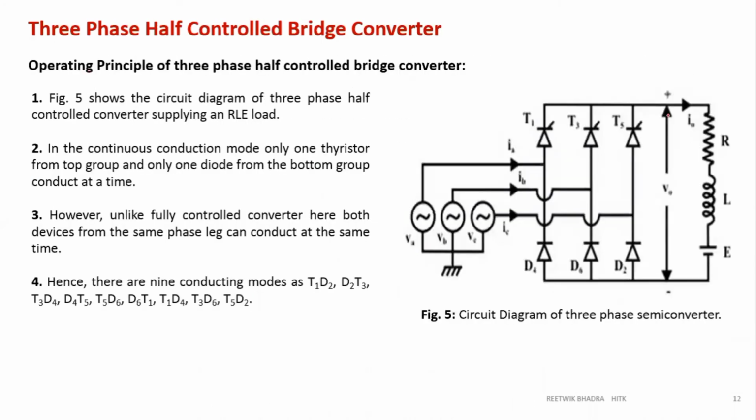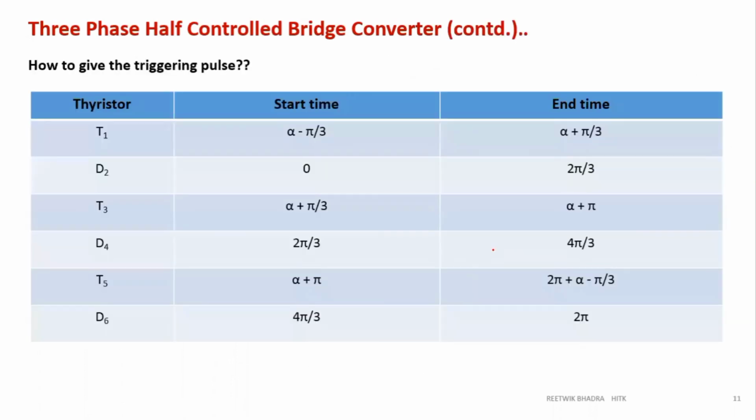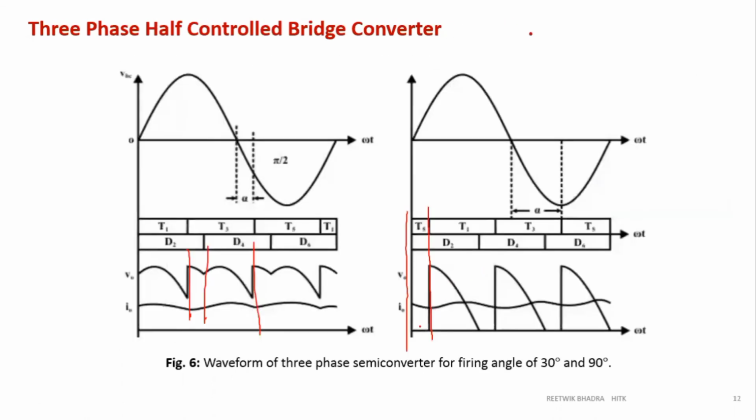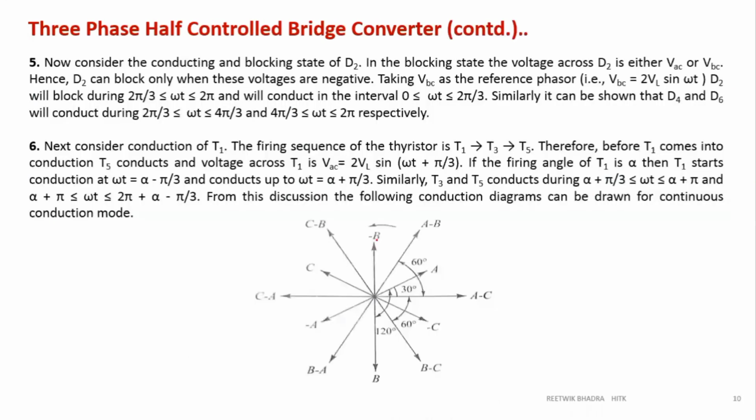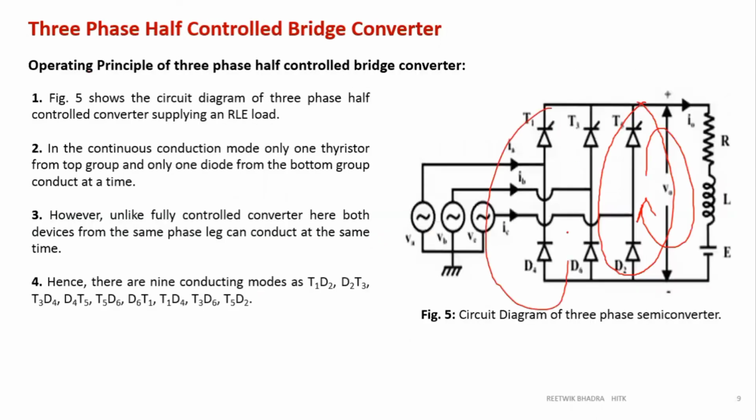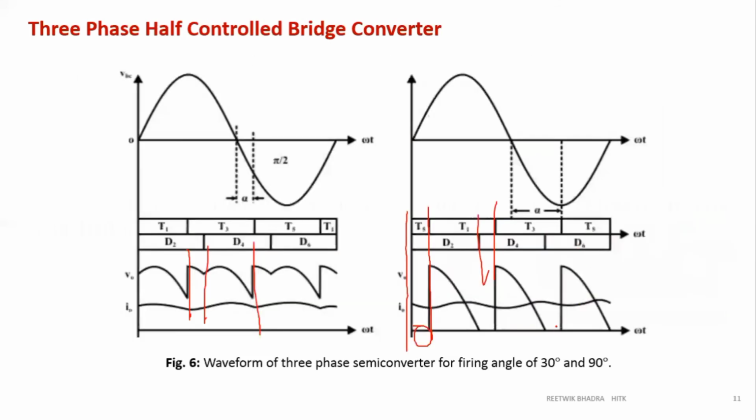If T5 and D2 are on, there will be a freewheeling action across this path as told to you previously. So voltage becomes 0. In this path, go to the figure, T1 D4 on. So freewheeling action. That's why voltage is 0. Like this it goes on during this period and the rest is another waveform.